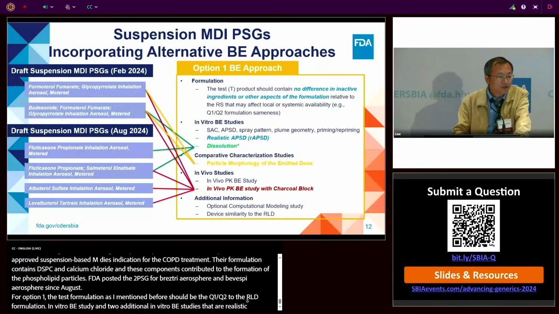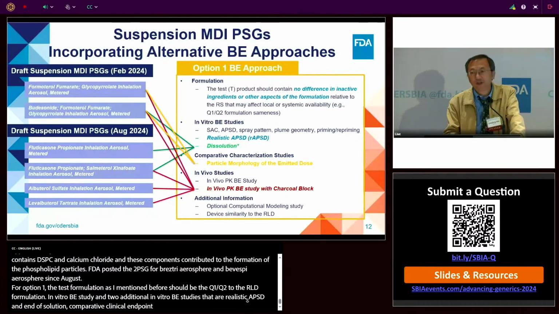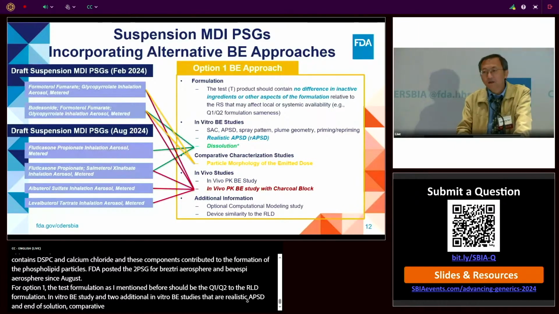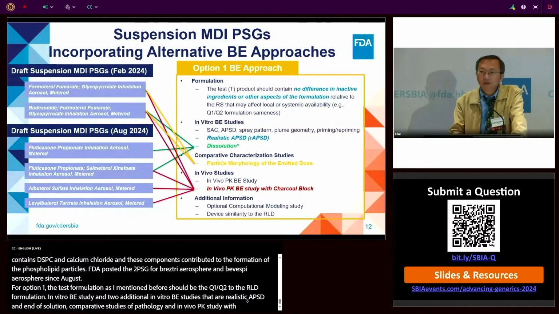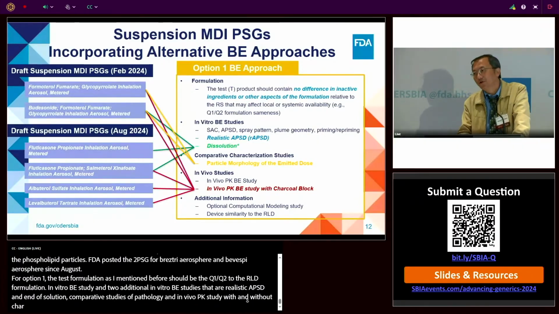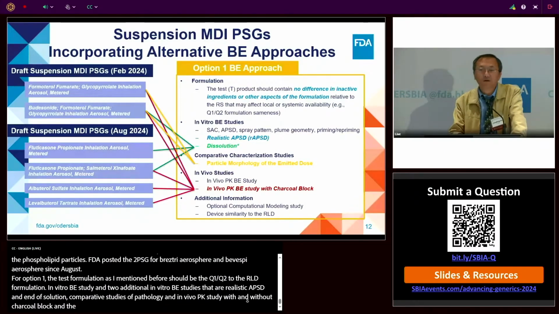Comparative characterization studies, such as particle morphology of the emitted dose, the in vivo PK BE study with and without the charcoal block. And the in silico modeling is optional for the BE establishment, and the test device should be similar to the RLD device.